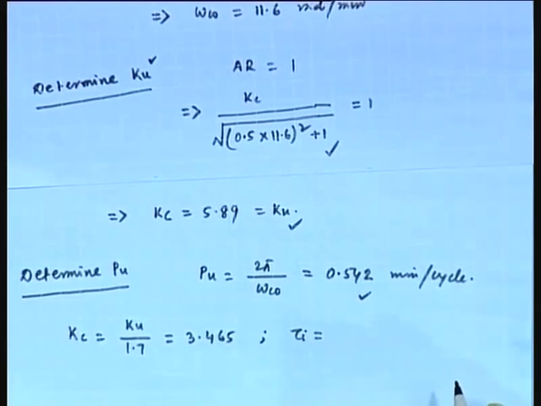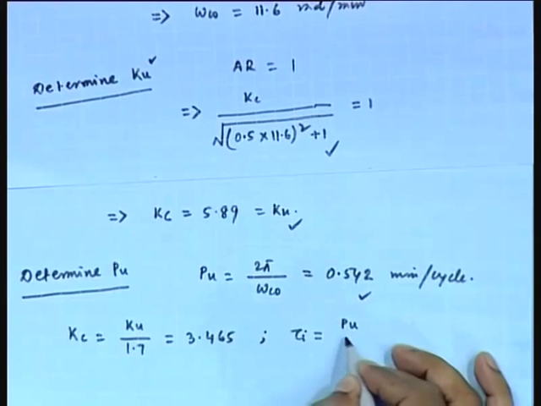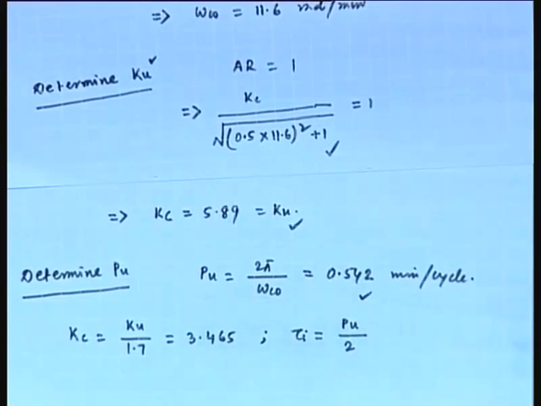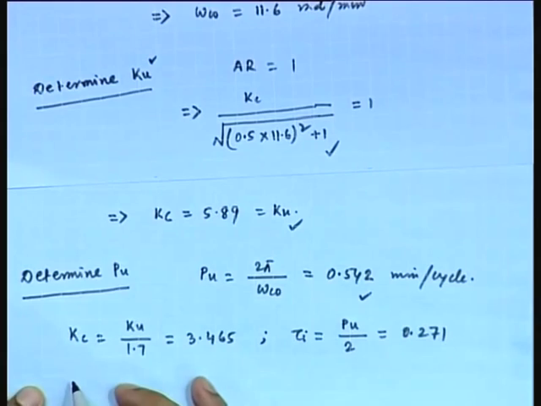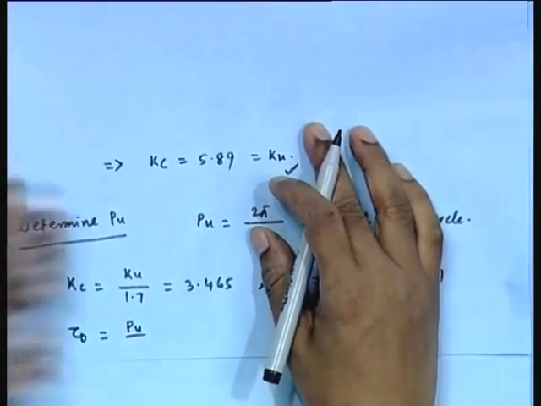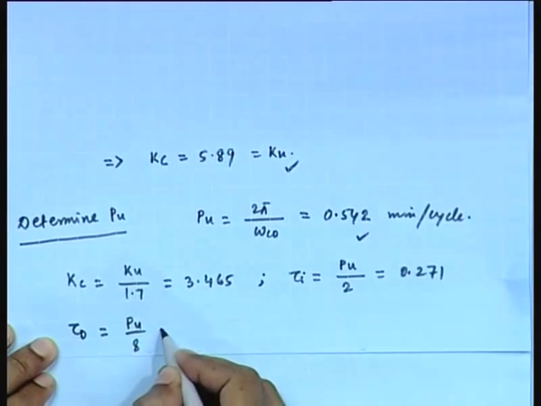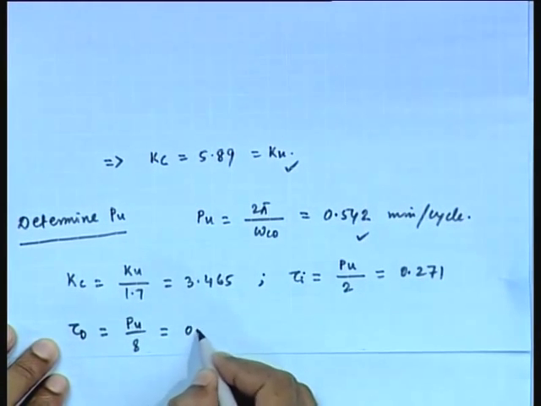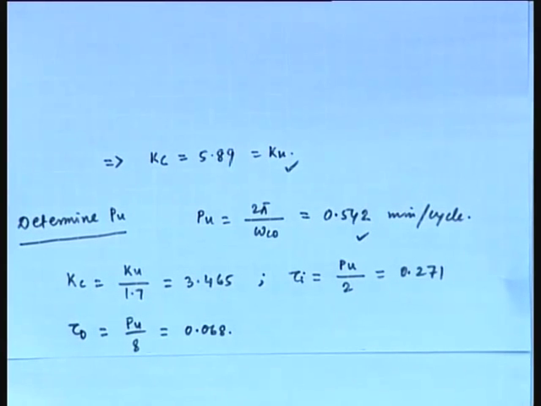Integral time constant has the form Pu divided by 2. Using the value of Pu, we obtain 0.271. Now, derivative time is Pu divided by 8, and this is equal to 0.068.